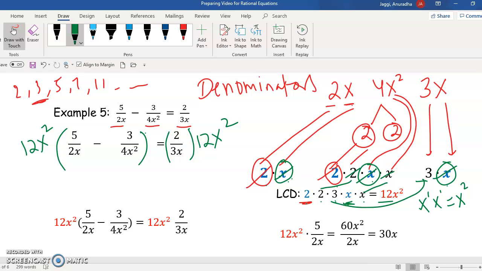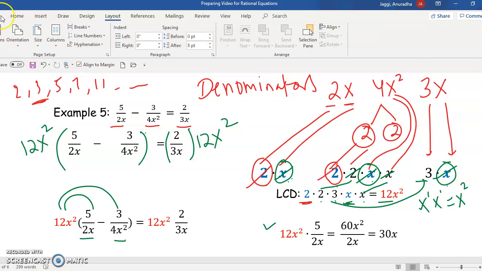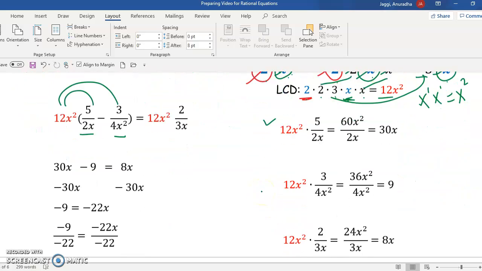Okay, so this is what we're going to do on the left hand side, but look at this, there are 2 terms here. So this gets distributed over the first term and over the second term. So step by step, the first term is simplified here on the right hand side and also the second term.